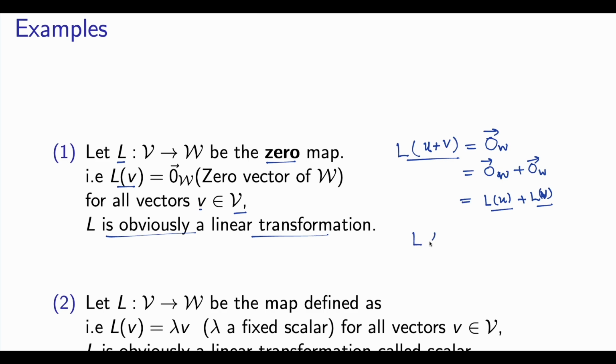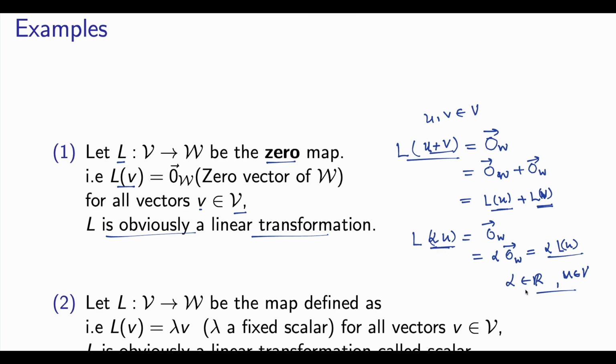Secondly, L of alpha u equals 0 of W, which is alpha times 0 of W, that means alpha L of u, for all alpha in the real field and all u in V. So for all u, v in V, L of u plus v equals L of u plus L of v, and L of alpha u equals alpha L of u. So this is a linear transformation.